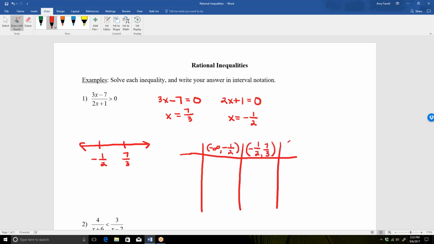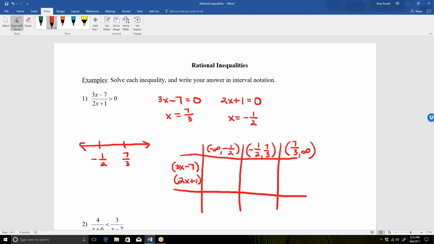And my third interval is 7/3 to infinity. Notice that I'm using parentheses because my inequality symbol is a greater than symbol, not greater than or equal to. Down here, I'm going to write my two factors, the factor from the numerator and the factor from the denominator.